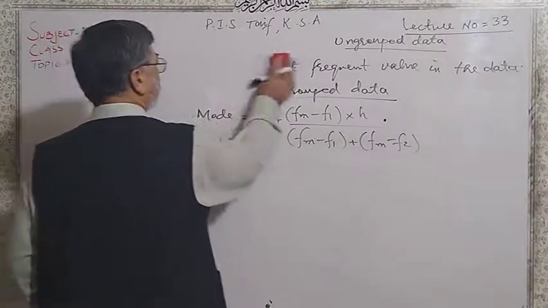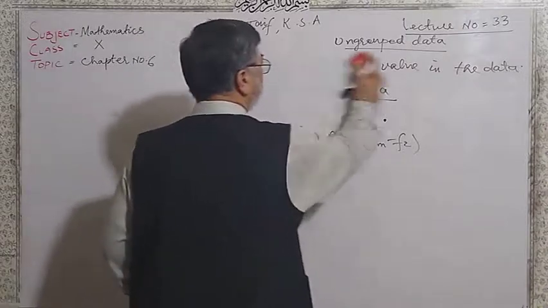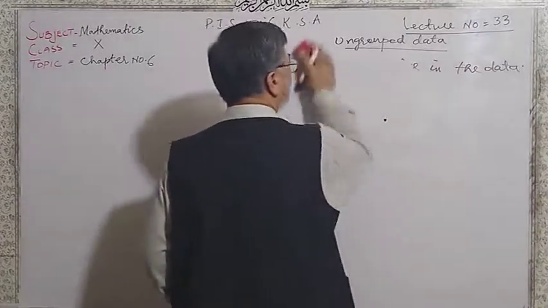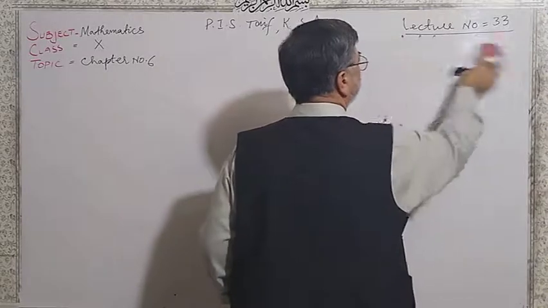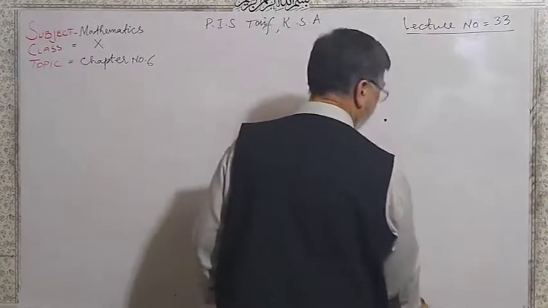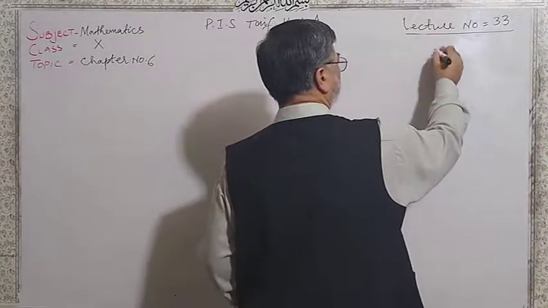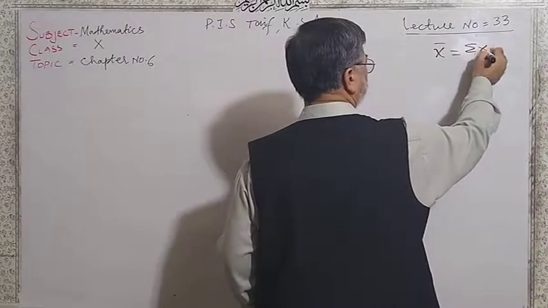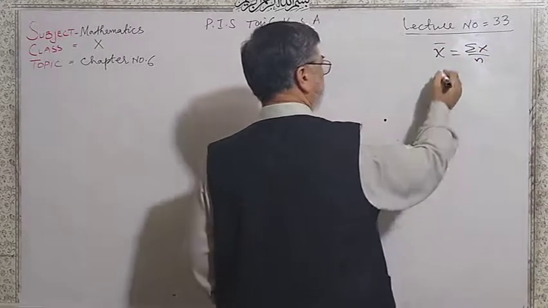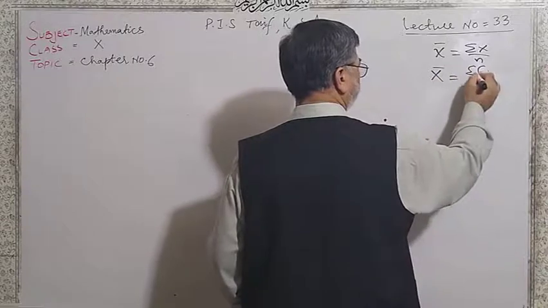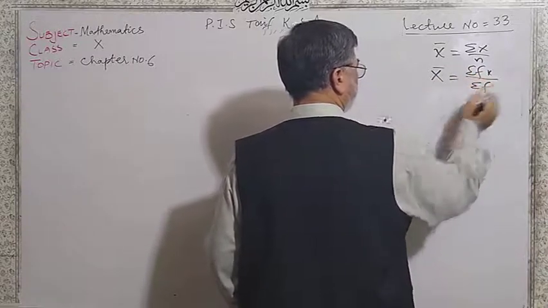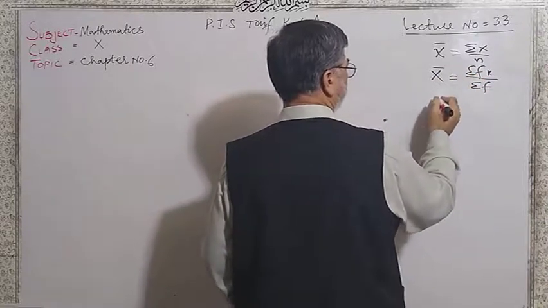Dear students, these were some formulas which you have to apply here. For example, x bar is sigma x over n, x bar is sigma fx over sigma f.